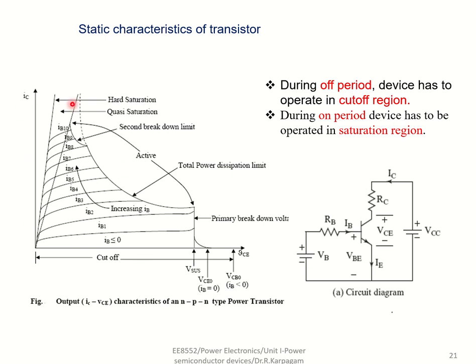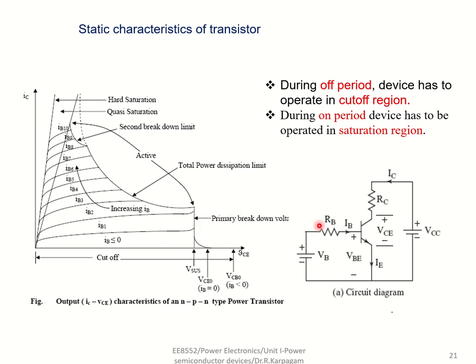During on state, the device has to operate in saturation region. Cutoff region is a region in the output characteristics in which the transistor does not conduct. During saturation region, the transistor conducts, there is a flow of maximum collector current and the collector emitter voltage is minimum.